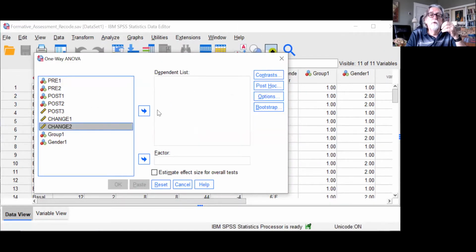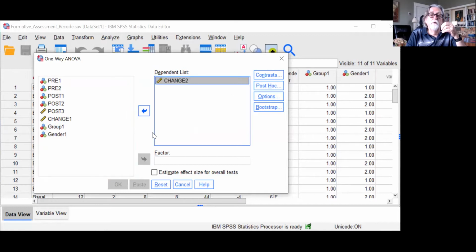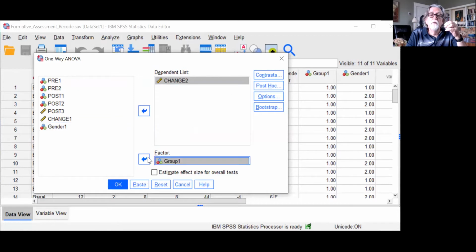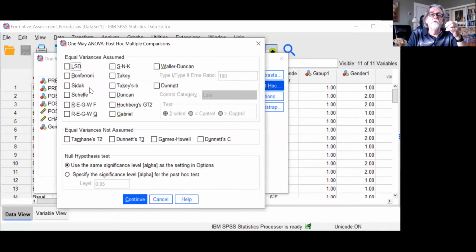Change score is our dependent variable. Group one is now our factor. That's the independent variable. ANOVA calls it a factor. We're going to add a post hoc test. We'll add a Tukey, that's the default.